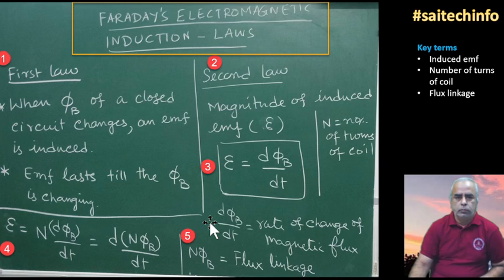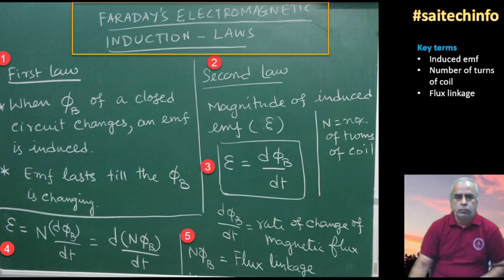So the rate of change of magnetic flux is introduced as d phi b divided by dt. And particularly this N phi b, that is the product of number of turns of coil and the magnetic flux, is called flux linkage. So remember that. What is flux linkage? Which is nothing but the product of N number of turns of coil and phi b, that is the magnetic flux.